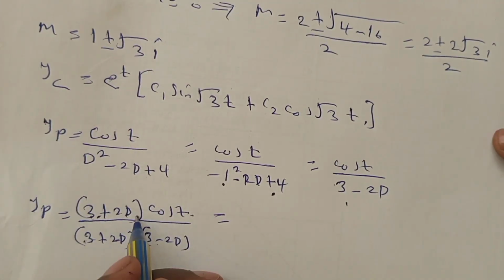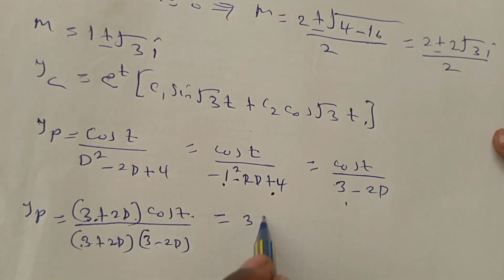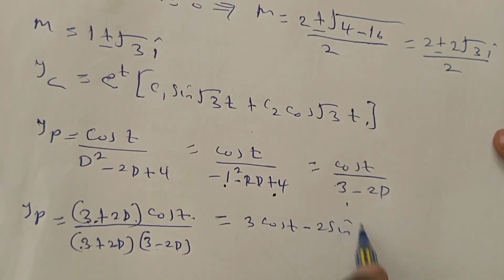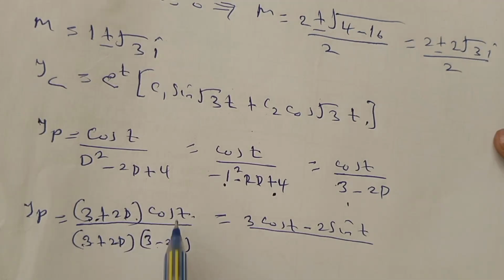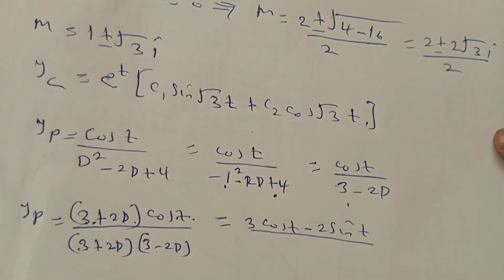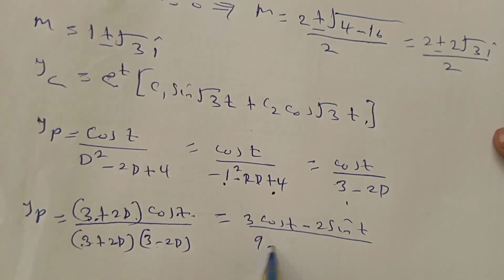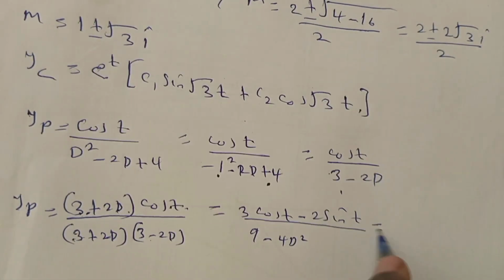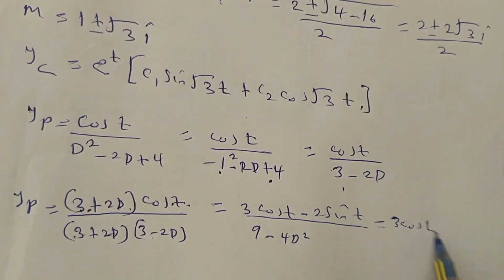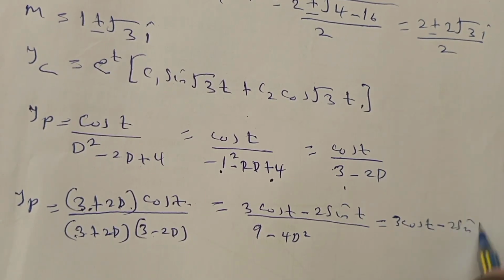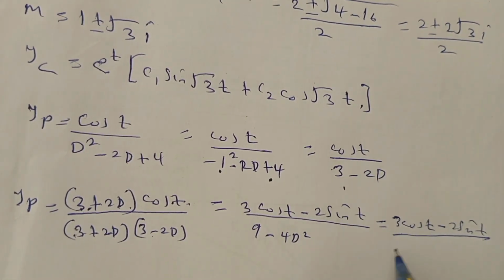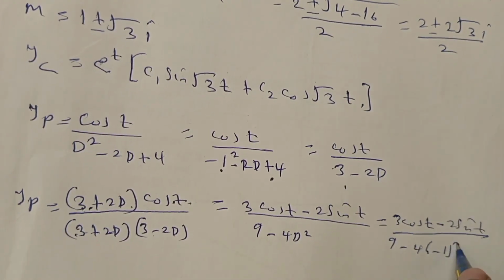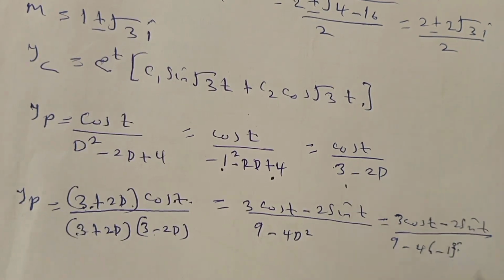So D means we differentiate. So we shall have 3 cos of t minus 2 sine of t, differentiating cos with respect to t. This will give you 9 minus 4D squared, which is equal to 3 cos of t minus 2 sine of t divided by 9 minus 4 into bracket minus 1. We square that part.